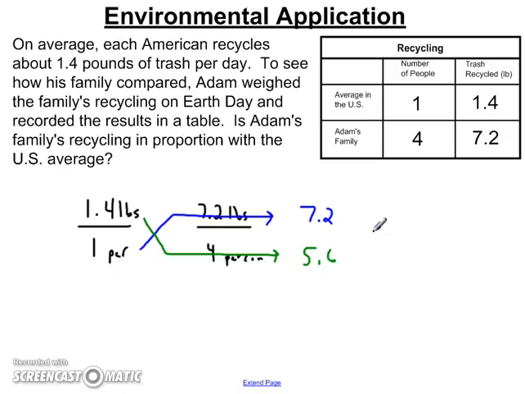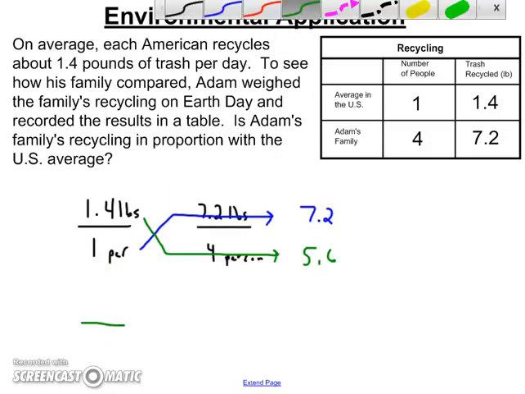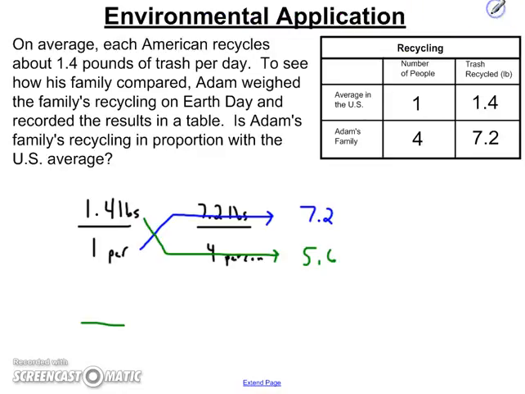Now, we could go to the next part, which one is bigger, and so on. Let me change colors again. If I wanted to figure out which one was bigger, I would probably go back and do my common denominators.